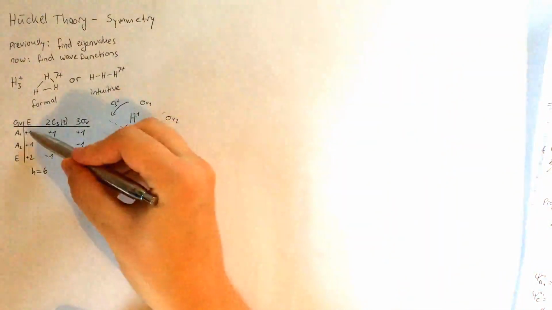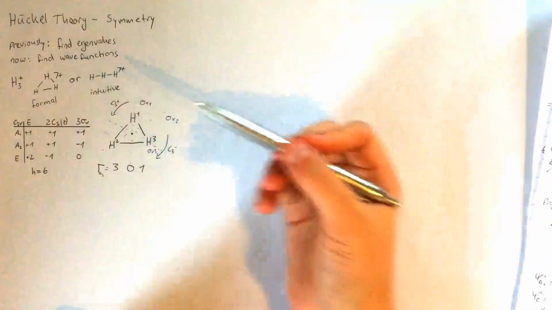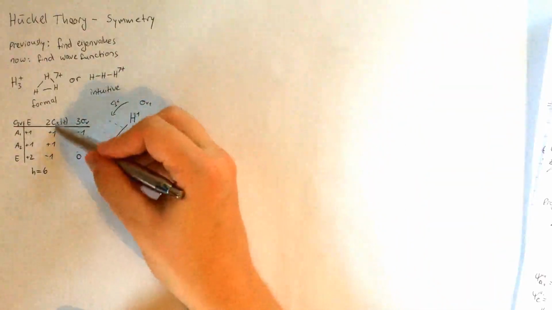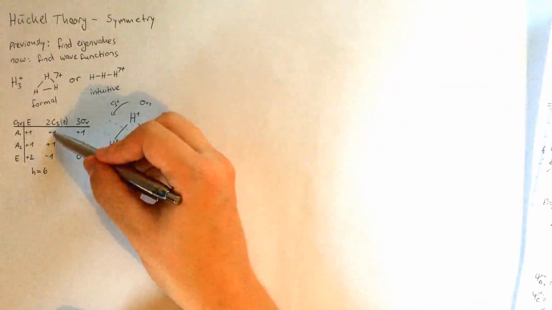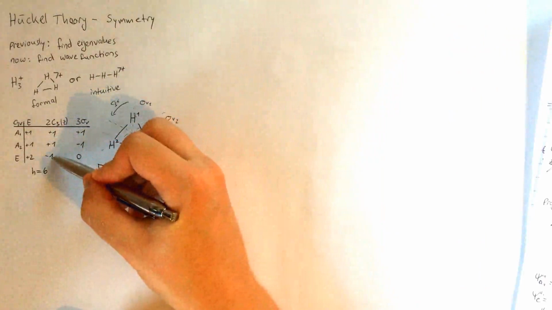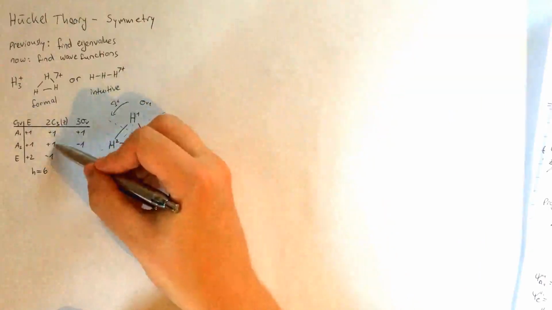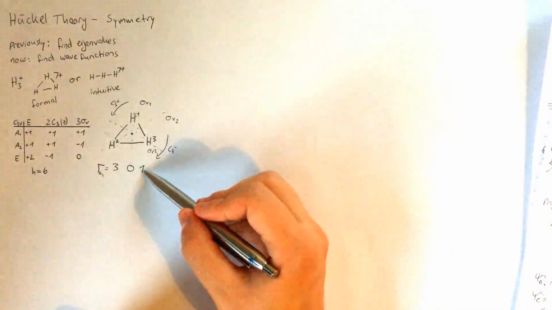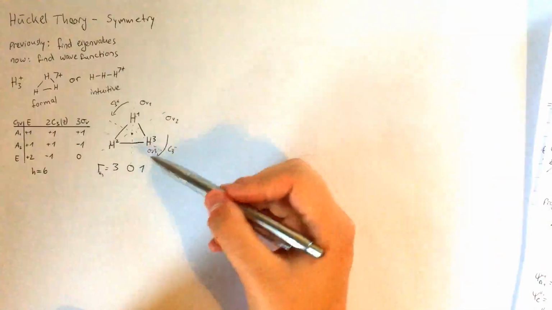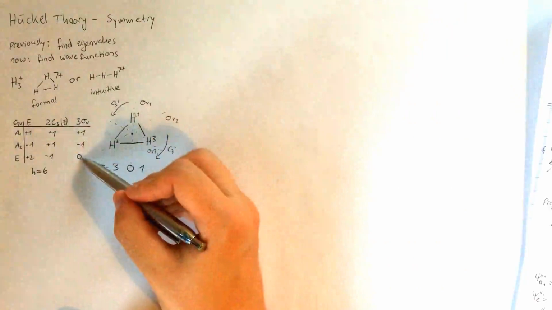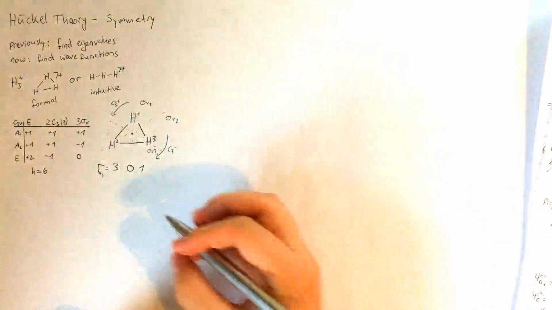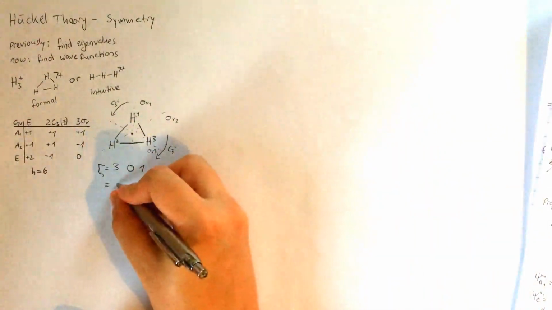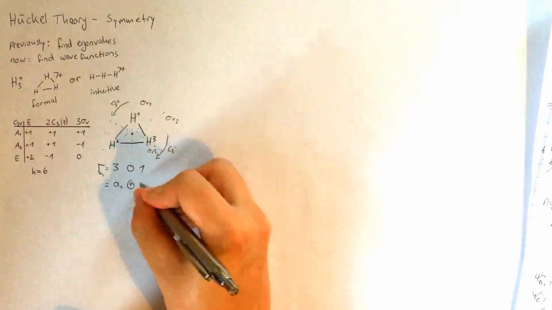And if we do that, we see 1 plus 2 is 3. The only way to get a 0 in the middle is if we take a 1 and a -1. And then the only way to get to +1 in the last line is if we take A1 and E. So thereby we can say for sure that this is just A1 and E.